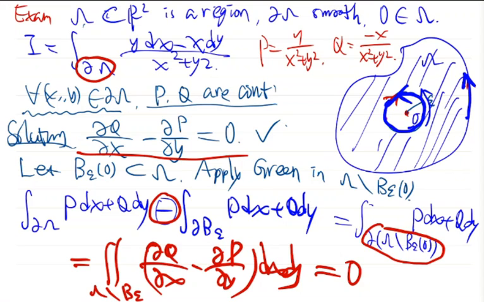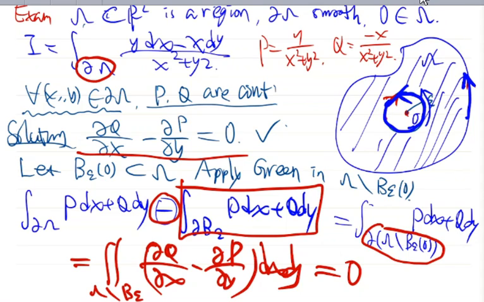The circle is a very simple curve, and we know the parametrization, x equals epsilon cosine t, y equals epsilon sine t. Therefore, we can use the parametrization to compute this integral. Using this result, our integral over the boundary of omega equals the integral over this circle, and this can be explicitly computed. I will not do this computation in detail.